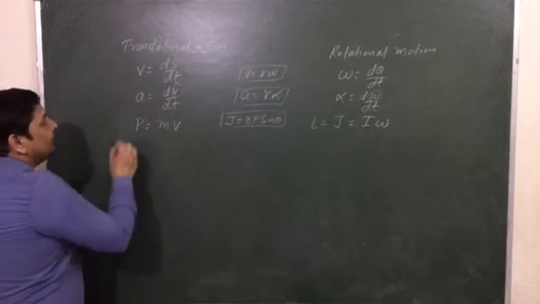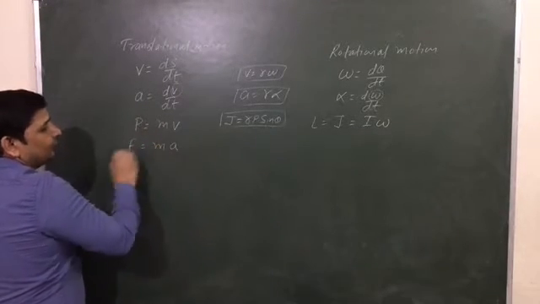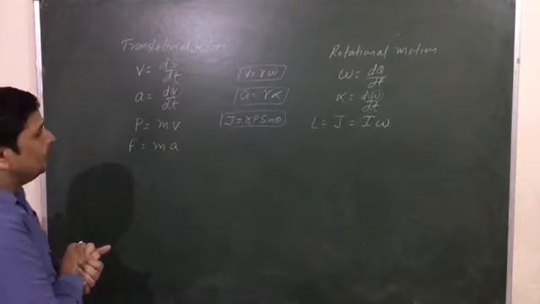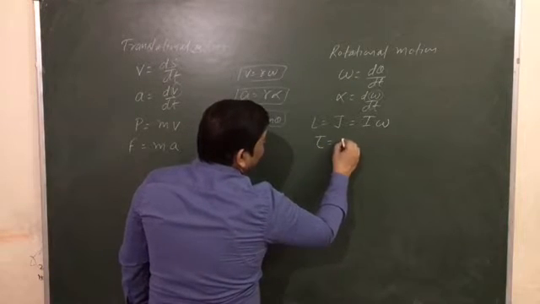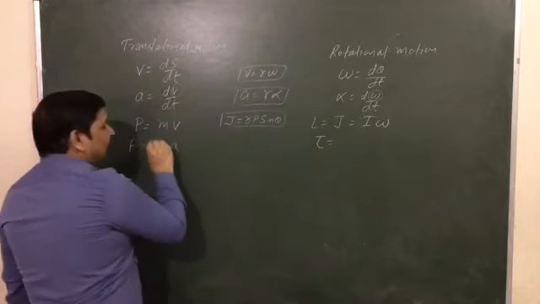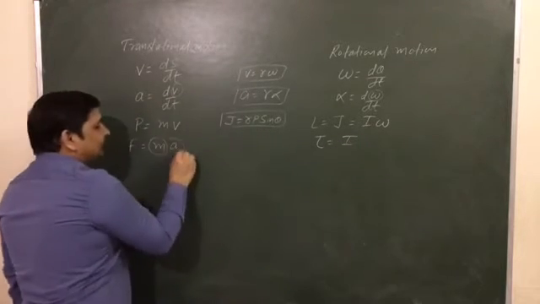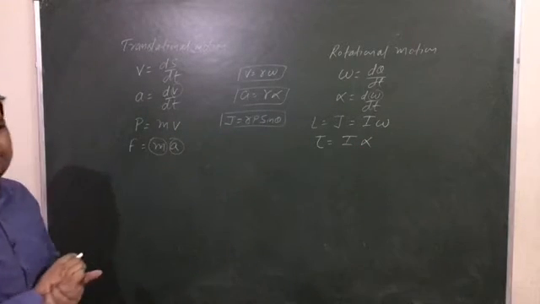Now, in translational motion, we use force. Force is given by mass into acceleration. And in rotational motion, we use torque, and torque is given by I into alpha: mass is replaced by moment of inertia I, and acceleration is replaced by angular acceleration alpha.